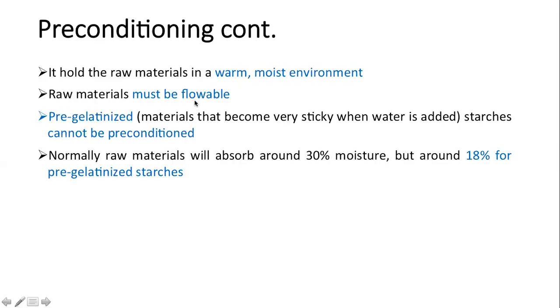It holds raw materials in a warm, moist environment, and they must be flowable raw materials. Pre-gelatinization is important, but pre-gelatinized starches cannot be preconditioned. That's important. So technical details are there.